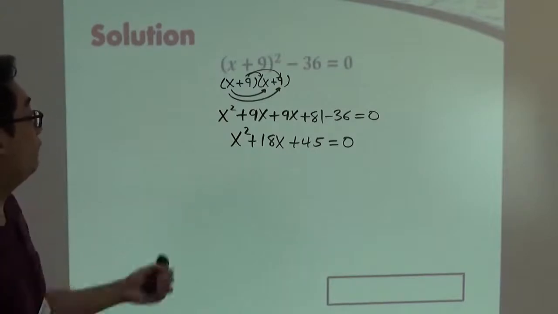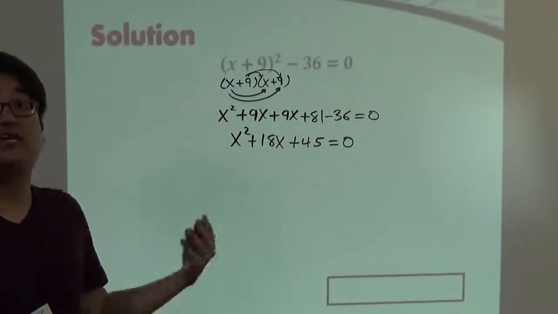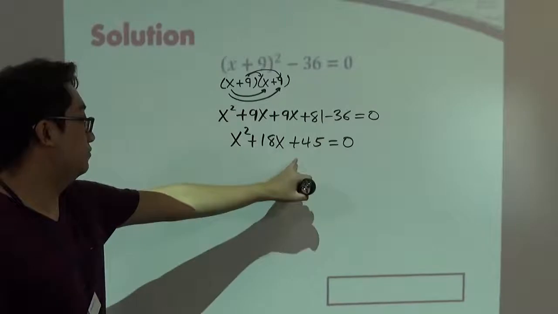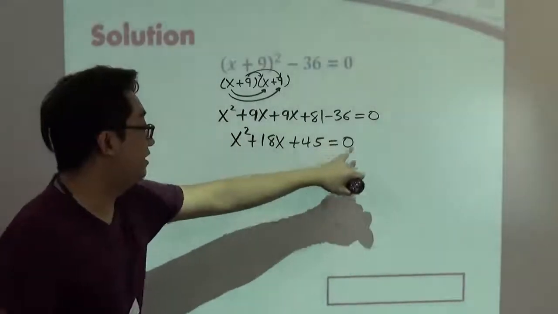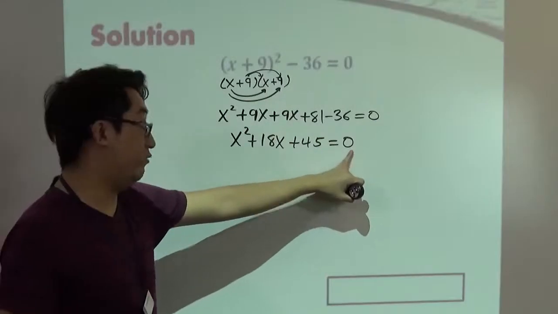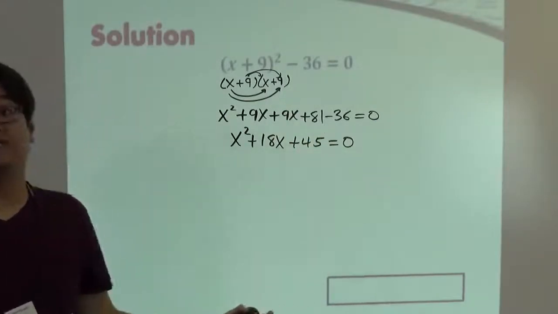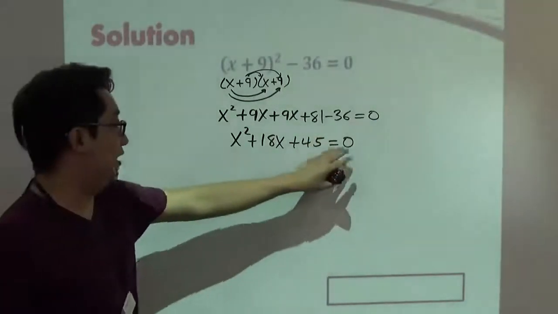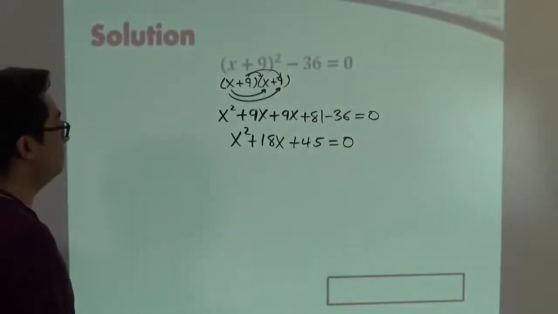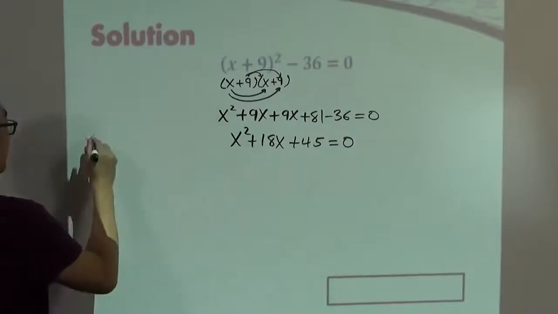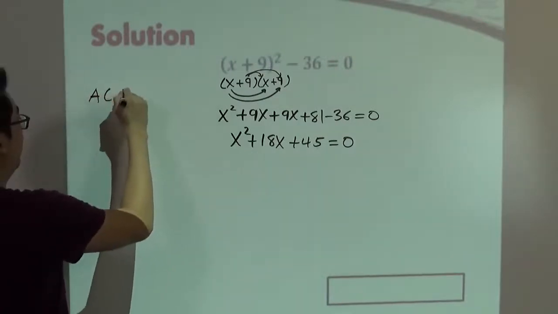In order to solve a quadratic equation, you need to factor. Whenever you have a quadratic equation, one side always needs to be 0. So at all times, always bring everything over to make it equal 0, at least on one side. To factor this, we do what we did before, the AC method.